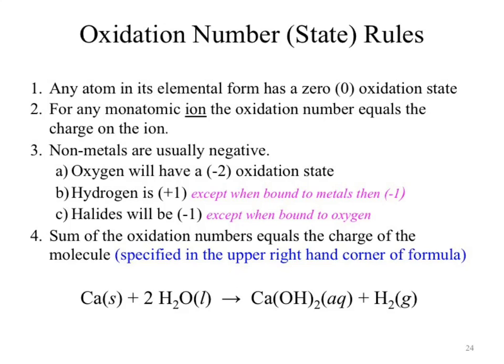The electronegativity between hydrogen and a metal. Hydrogen is more electronegative than your metals, so it will take the electrons away, thence giving it the negative charge. Halides will always be a -1 charge. The exception again, except when bound to oxygen. Oxygen will always be a -2. The last part of this is that the sum of the oxidation numbers will equal the charge on the molecule. And the charge is always, always, always given to you. So that allows you to solve for them.